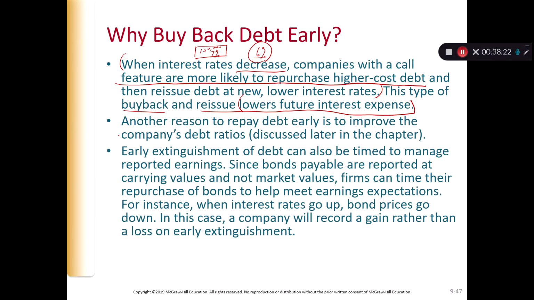The second scenario is that you repay the debt early to improve the company's debt to equity ratio. If your debt to equity ratio is too high, you are carrying too much risk. Hence, you are less likely to borrow money at a cheaper rate, right?